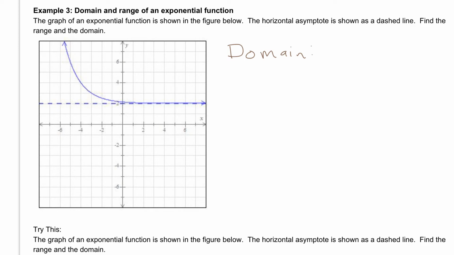Now there are two ways to write that. You could write your domain is all real numbers, or you could write it in what's called interval notation. In interval notation, we would say that we are going from, on our x-axis, all the way down to -infinity to positive infinity, covering the entire line.